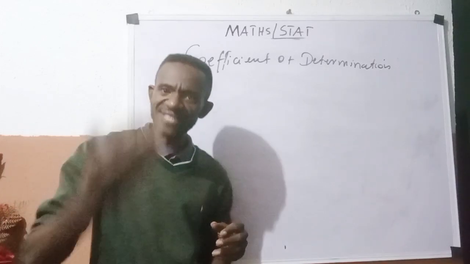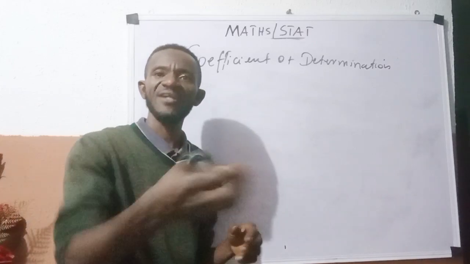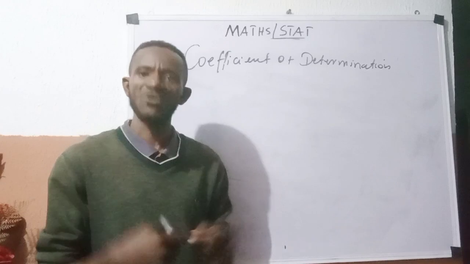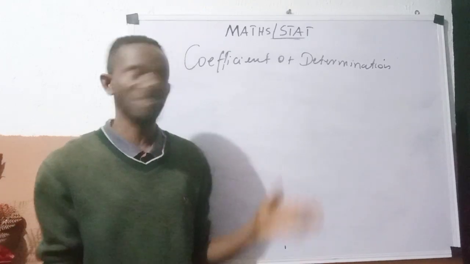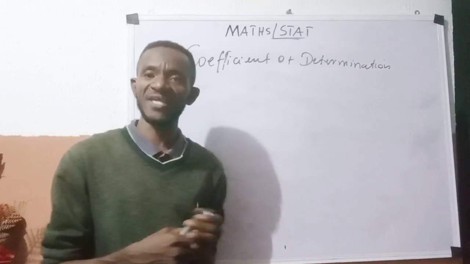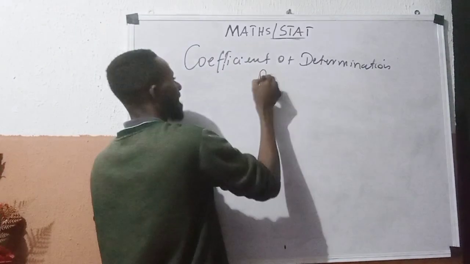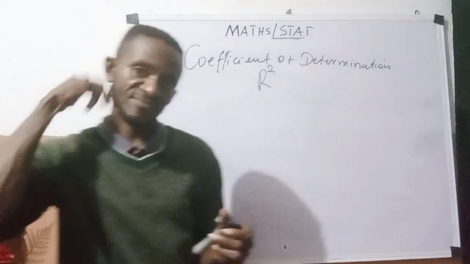That is the percentage variations in the response variable that is accounted for by our regression model or by our independent variable or variables. That is what we mean by coefficient of determination. And it is often represented with capital R raised to power 2.